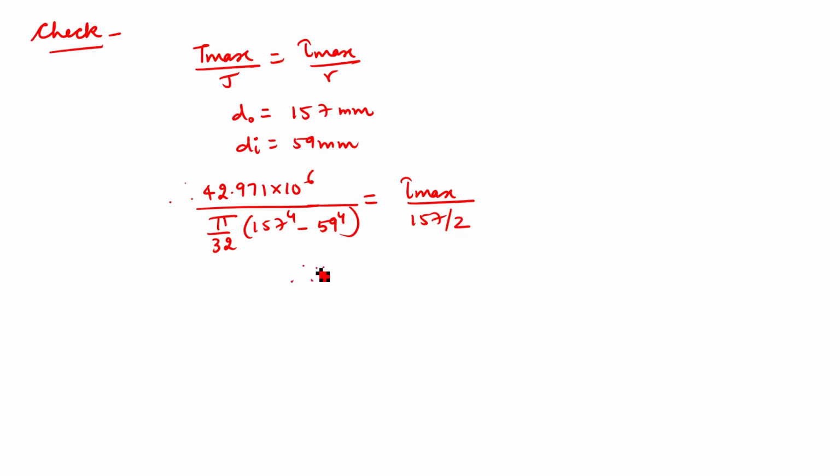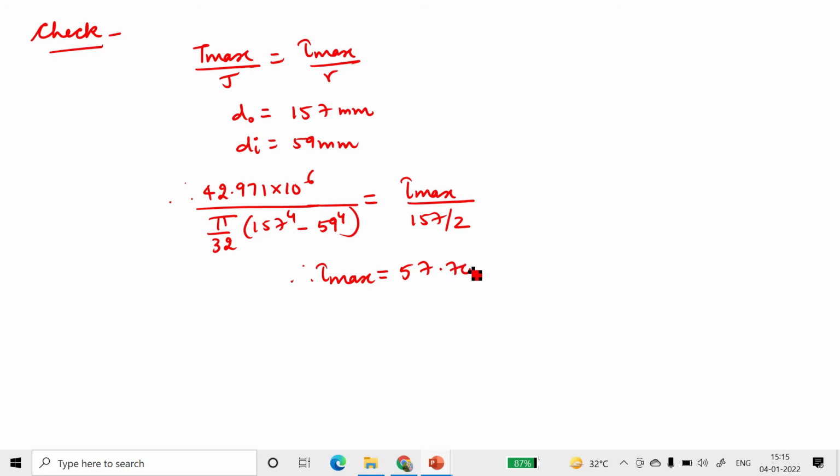When I solve this, I get the value of tau max as 57.702 Newton per mm square. This is less than the given value of 60 Newton per mm square. So I can say that these values of diameter are safe.